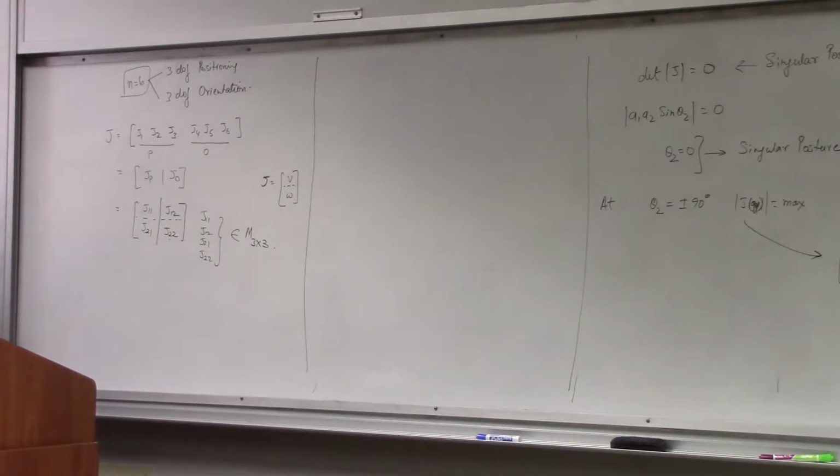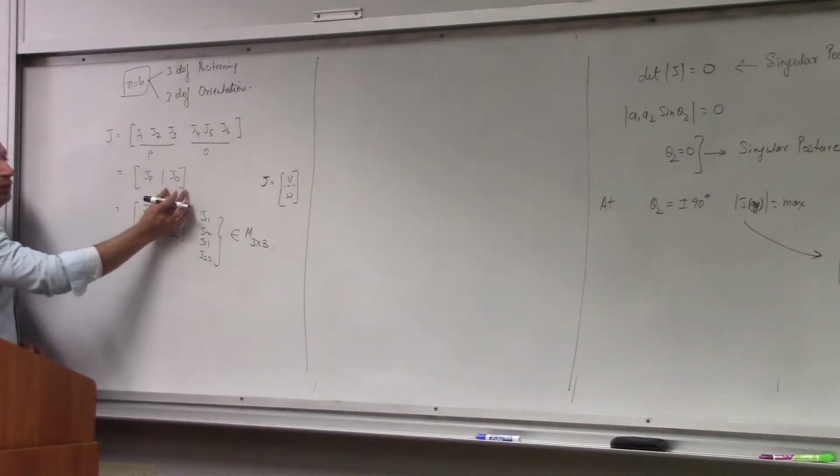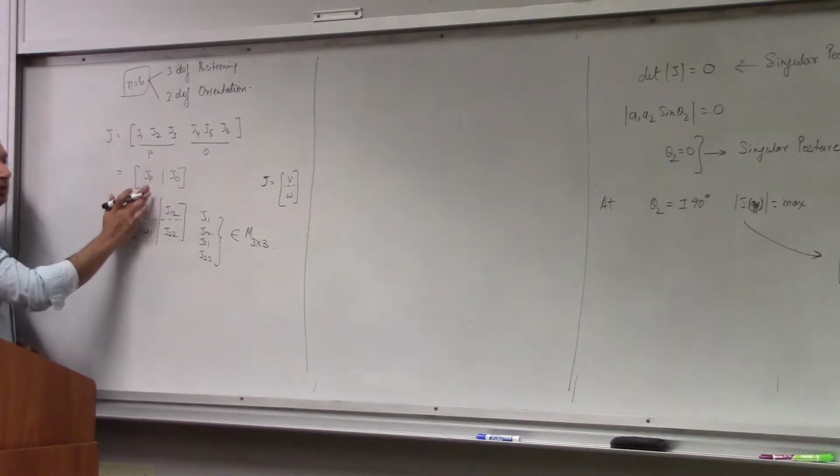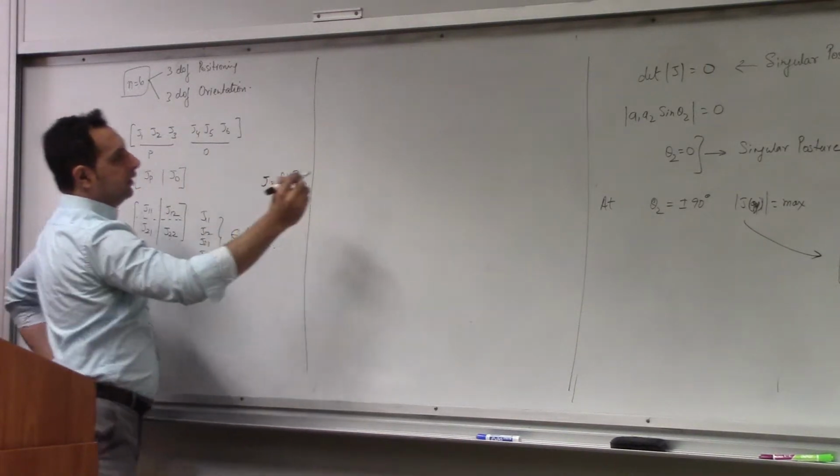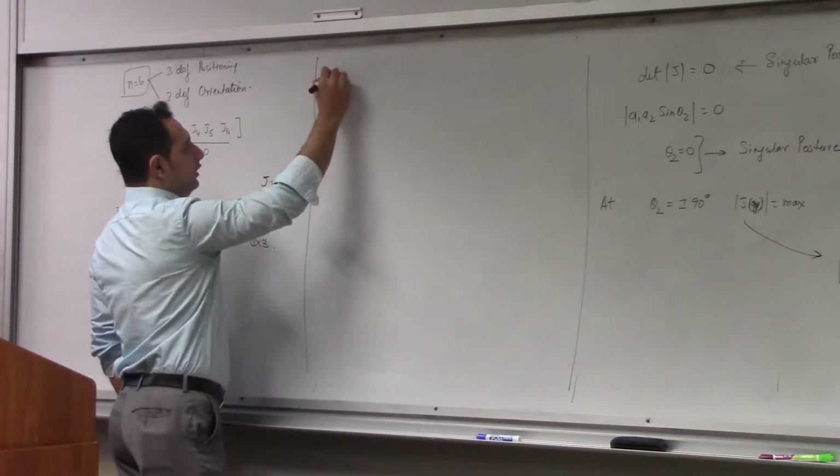All right. So now that we have decoupled them, let's look at this part. Okay, this part is fine. Let's say that this is a spherical wrist.